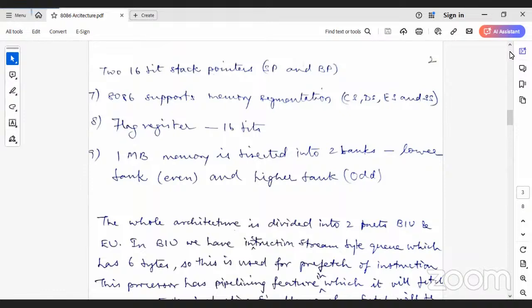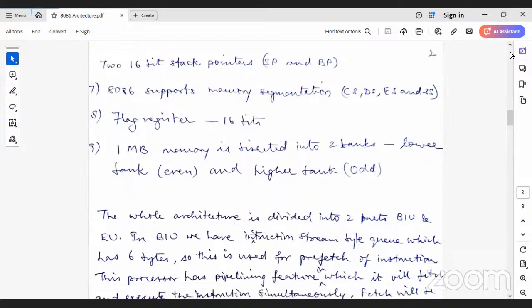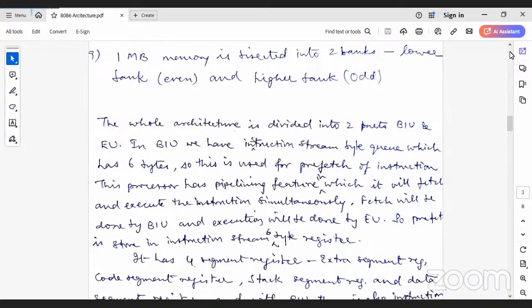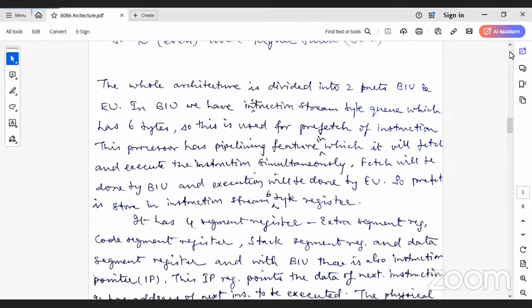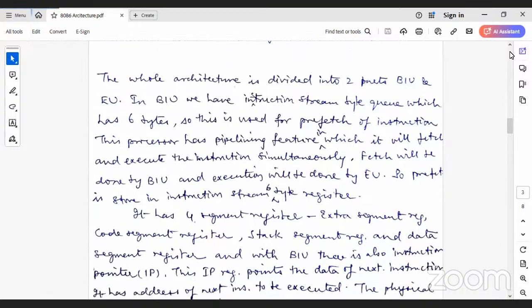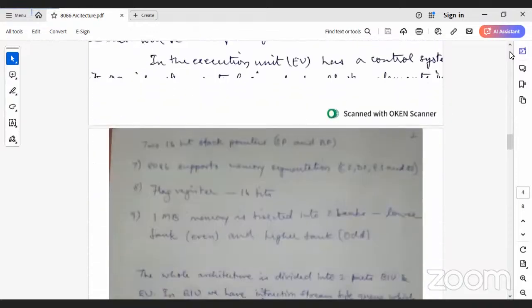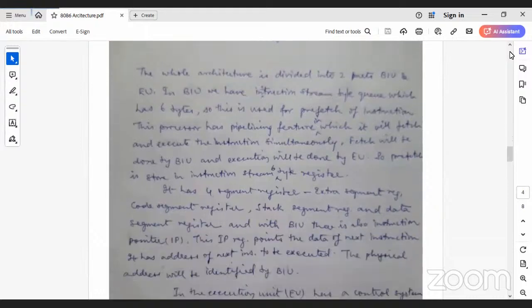And the lower bank has got all the even addresses and the higher bank has got all the odd addresses. So all this which I have been telling you is written in this same figure.